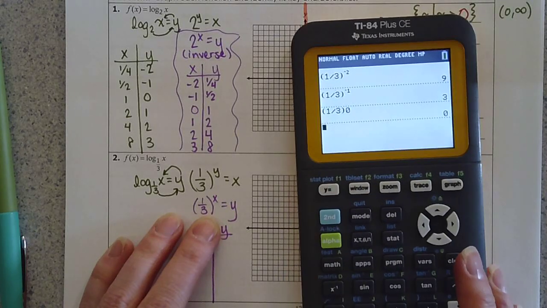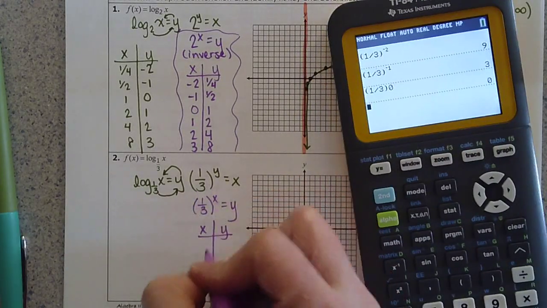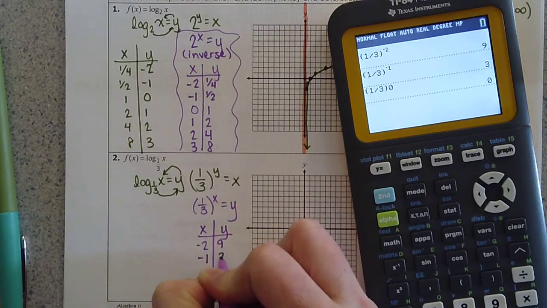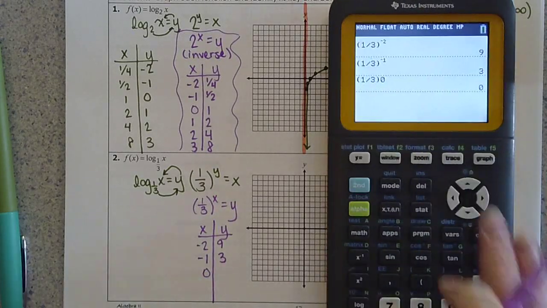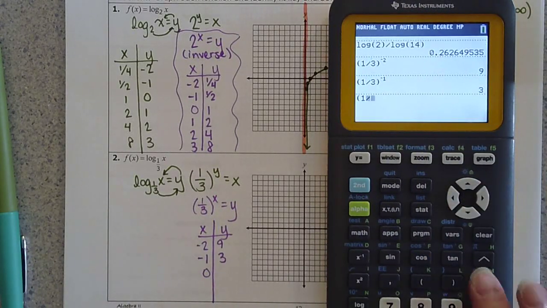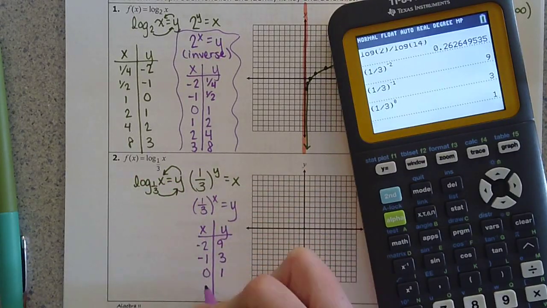That's what we were doing previously, but you're welcome to use the table in your calculator. So -2 with 9, -1 with 3, 0 with 1, +1 with 1/3, +2 with 1/9.